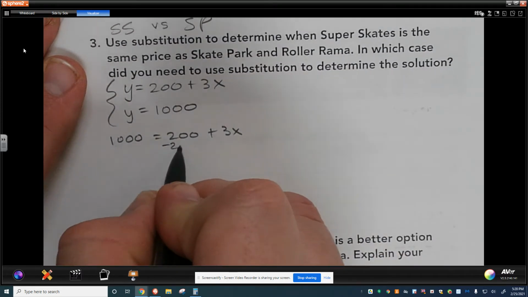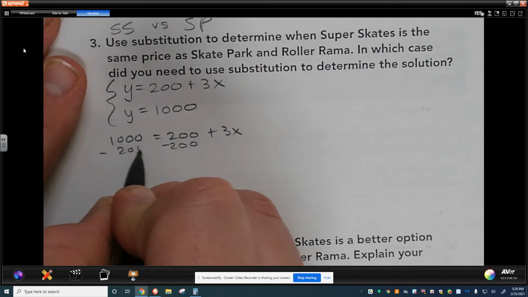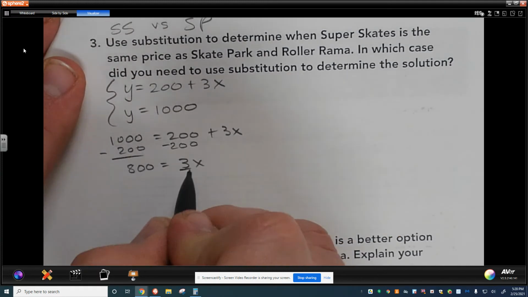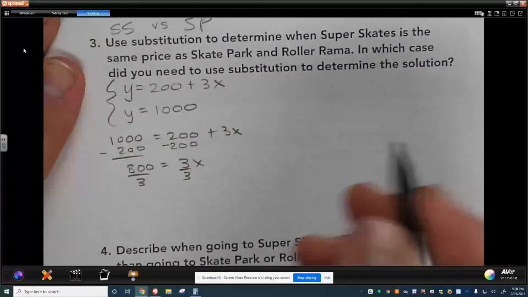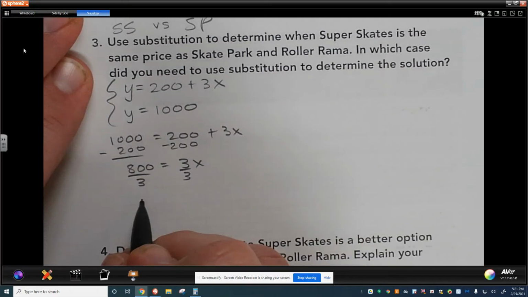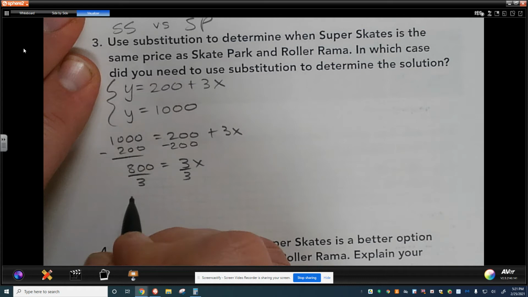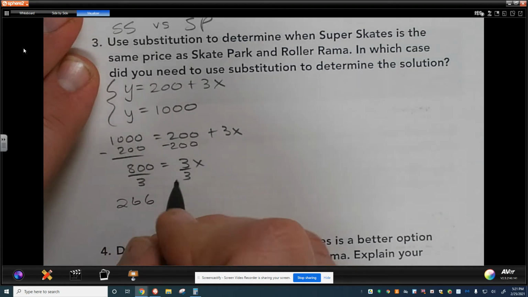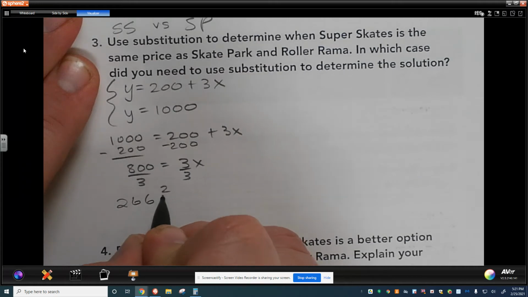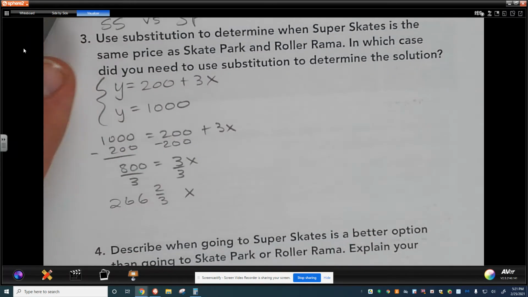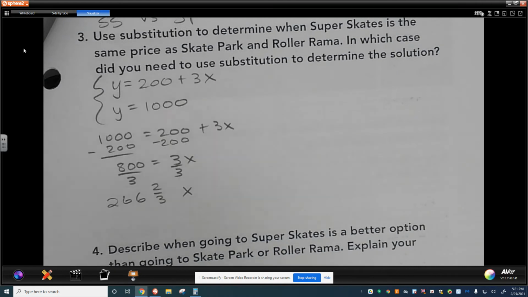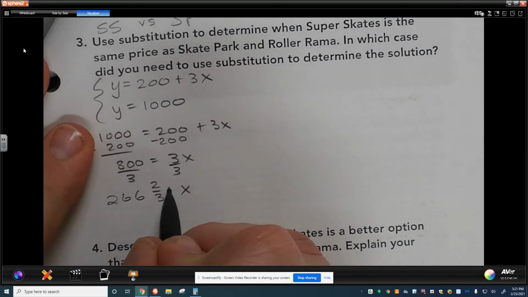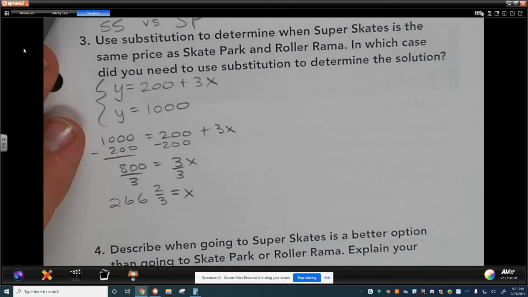And then we subtract the 200, giving us $800 for our skaters. And we divide by 3, and I find out that that is going to be, big number. That's going to be 266 and 0.6 repeated, so that's 266 and 2/3 for x. That means if 266 and 2/3 students attended, then we would have been the exact same value.